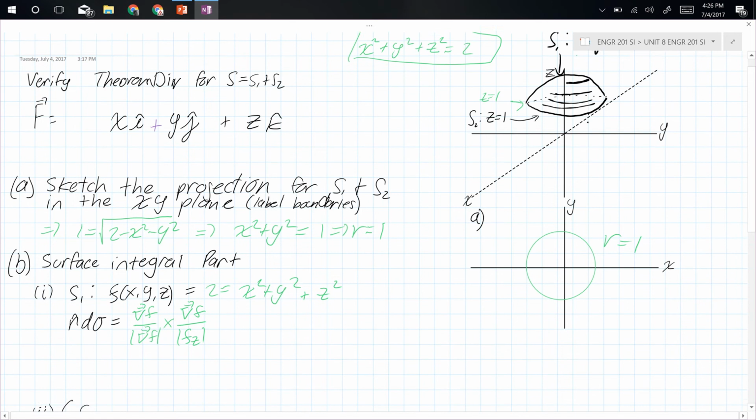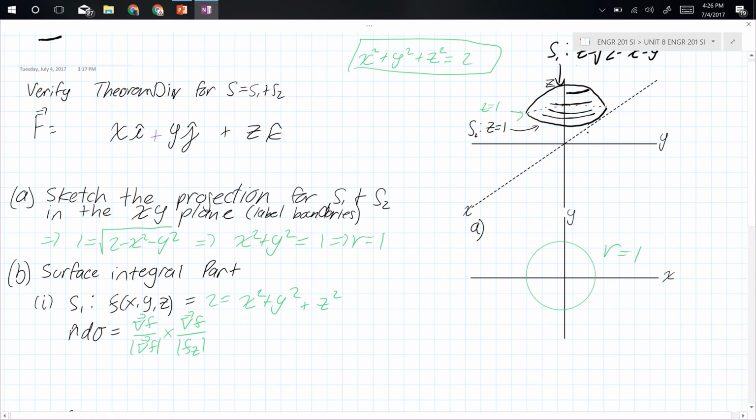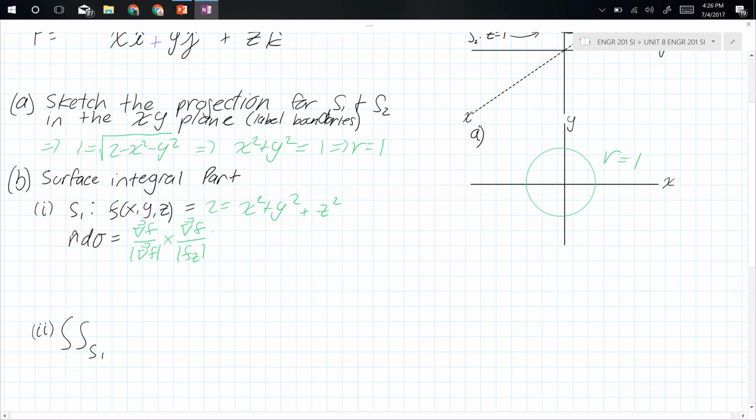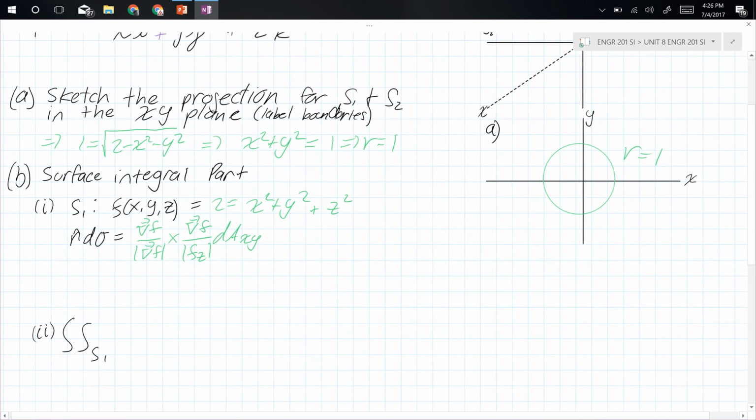The reason I chose f_z is that in the projection we don't see z as one of our axes; we're looking down from the positive z axis. Our dA is going to be wherever our projection is, and we can't have an axis that isn't part of our area. Since z is not in the area we're looking at, z goes in the denominator as f_z. So then you can cross the magnitudes of del f out, and you just have del f over the magnitude of f_z.